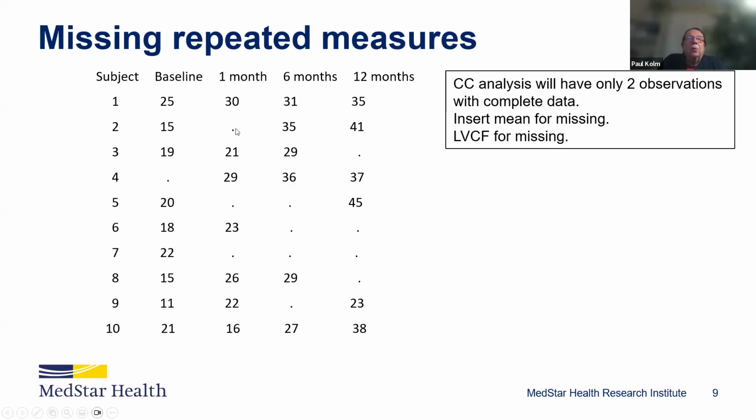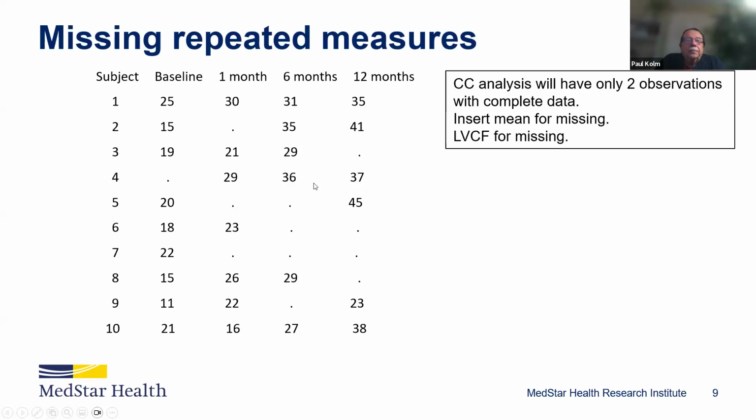As I mentioned, one of the things that we might do is replace this missing value with the mean. And what we're talking about here is the mean of all 1 month values, not the mean of all the observed values for patient 2. It would be the same with the others here. They're missing baseline, so you fill this in with the average of all baseline measures and so on.